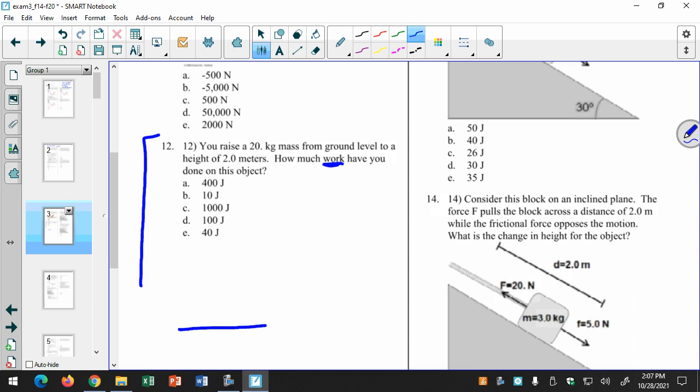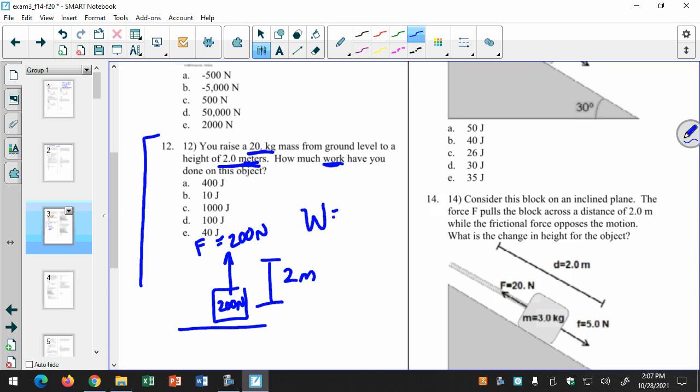I have an object that has a weight of 200 newtons. I know that because it's 20 kilograms. M times g, that's the weight. It has a weight of 200 newtons. And it requires then 200 newtons to lift it through a certain distance. So that is the force that I have to apply. And then it's exerted over a distance of 2 meters. That's what this 2 meters is right here.